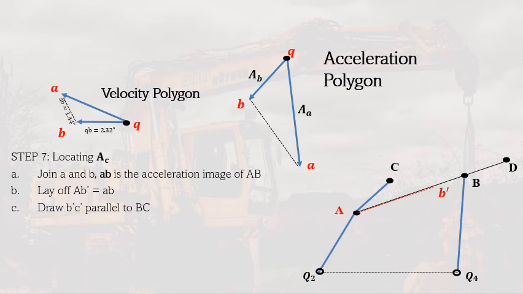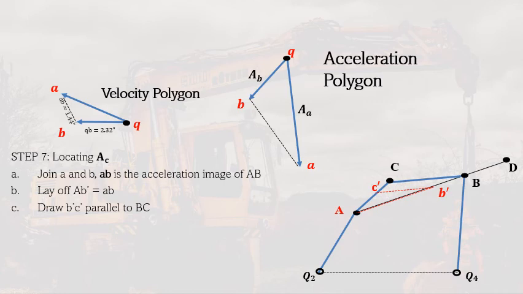Also, we draw B prime C prime parallel to BC, because B prime C prime would represent also the acceleration image of BC. So you can see here, this is the B prime C prime, and we have here the BC. So this now represents the acceleration image of the BC in our linkage.